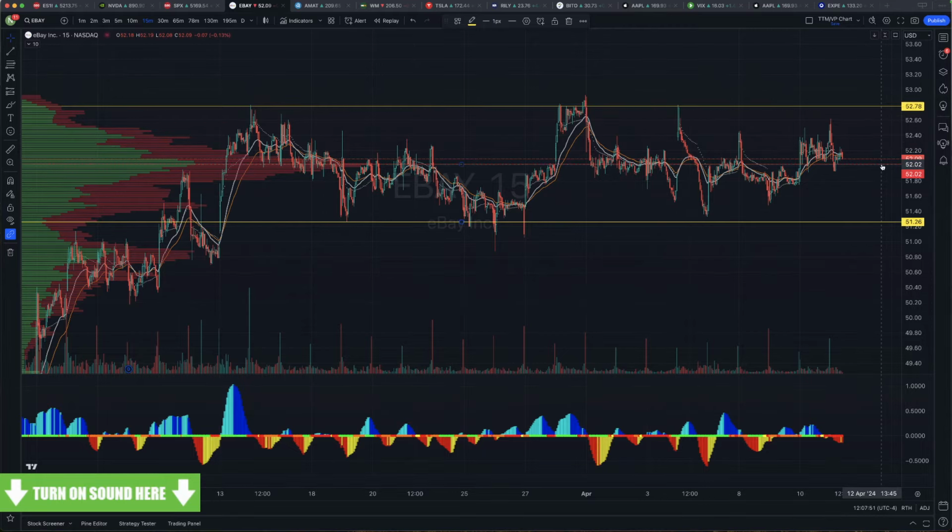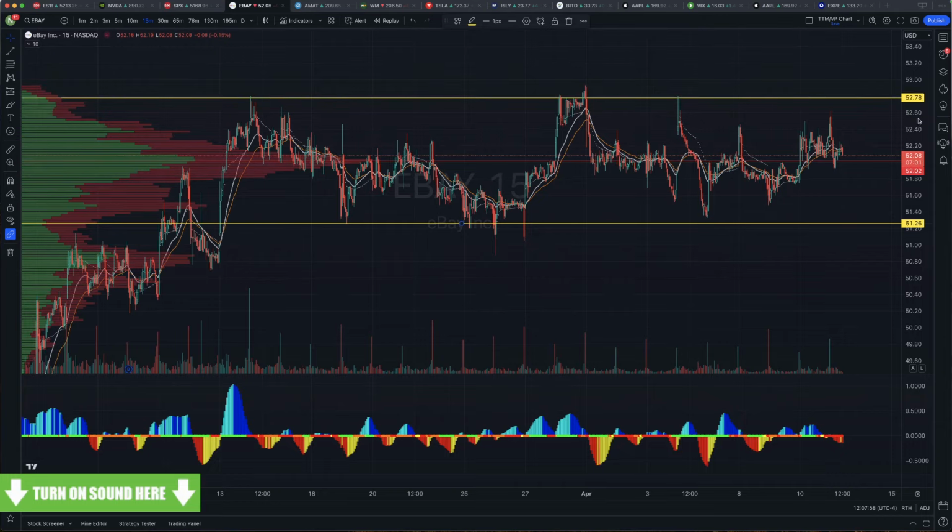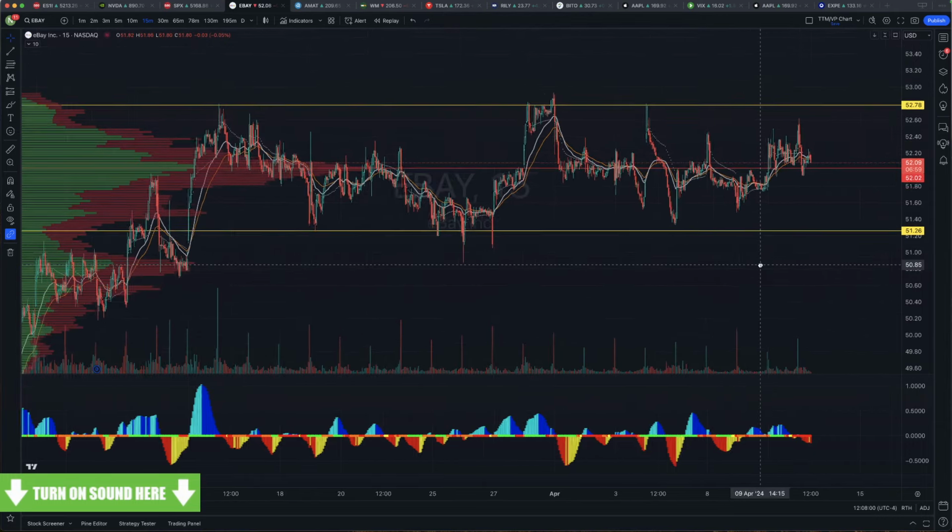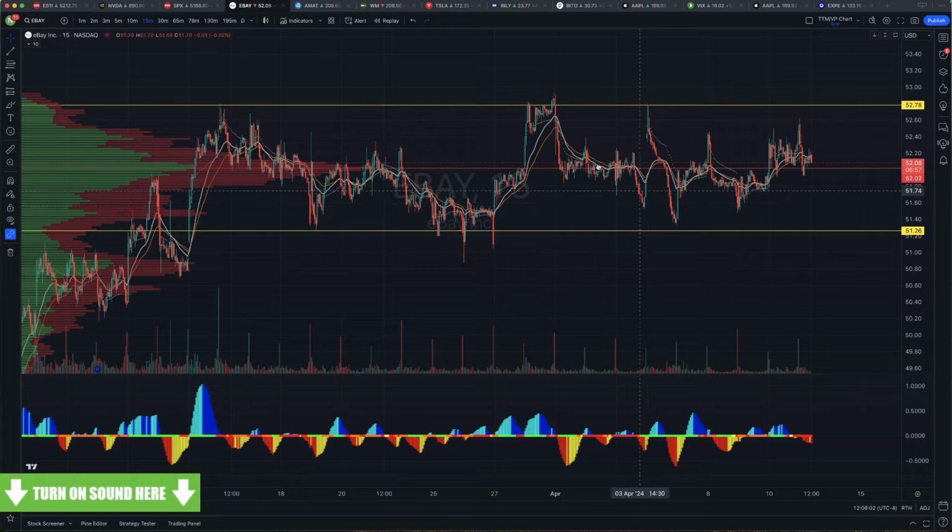And if you're using the point of control line, you can buy off support and sell into resistance. That's the general idea. So that is a quick overview on volume profile.